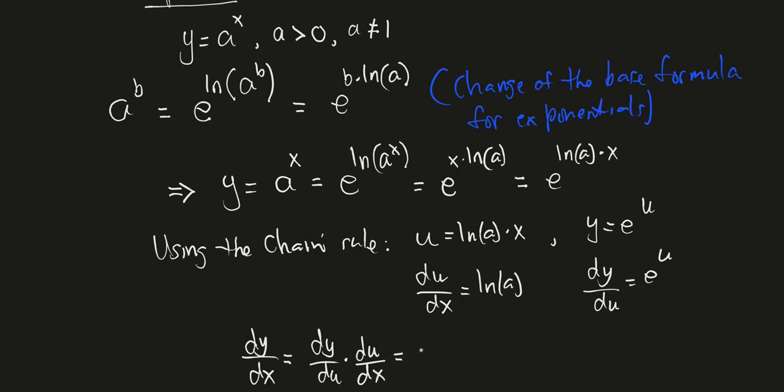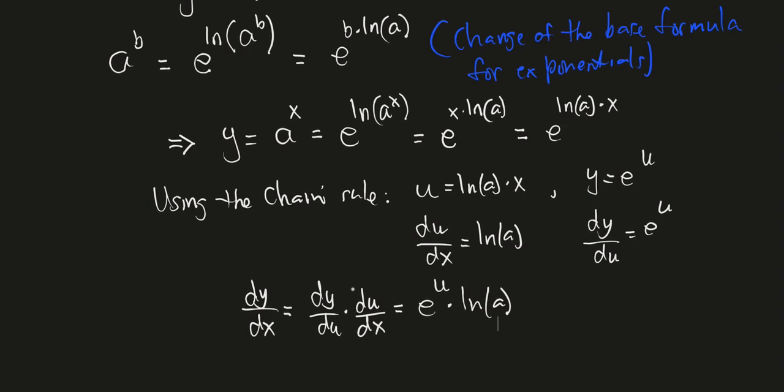So that's going to give us e to the u times the natural log of a. And of course, we don't write our final answer in terms of u. We want the final answer in terms of x. So what do we do? Well, we plug the expression for u back in, and then we try to simplify it as much as possible.